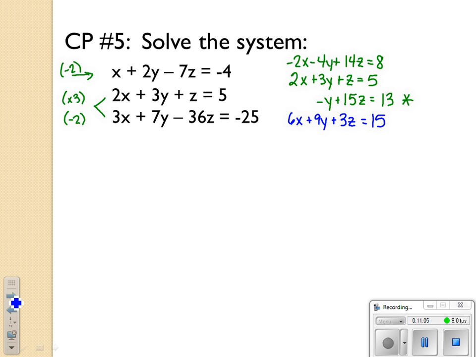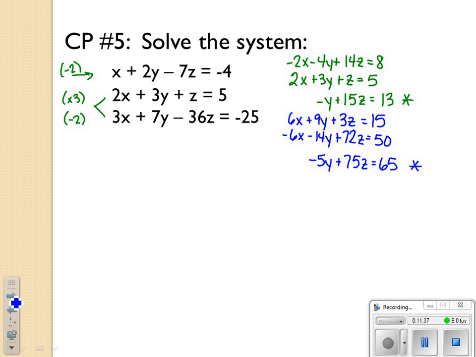My new third line, if I multiply through that with a negative 2, negative 6x minus 14y plus 72z is equal to 50. Combining them, the x's eliminate. 9y minus 14y is negative 5y. 3 plus 72 is 75z. 15 plus 50 is 65.